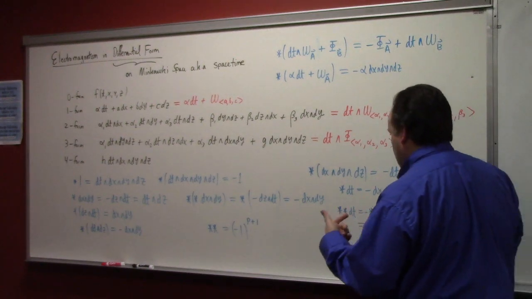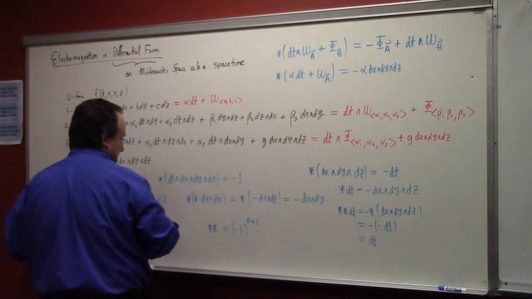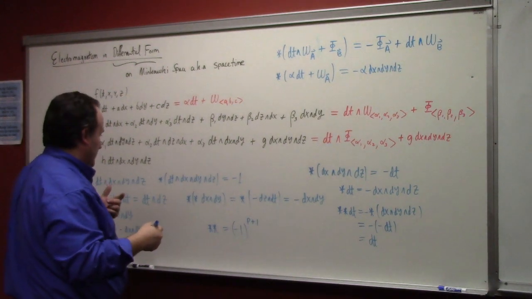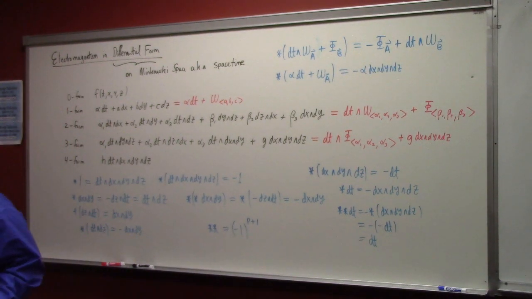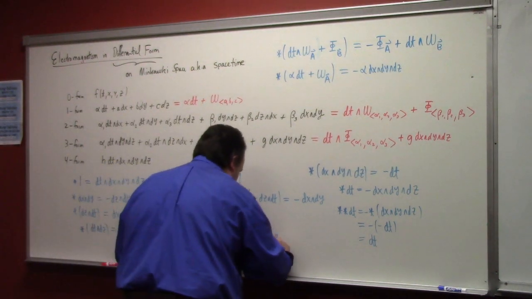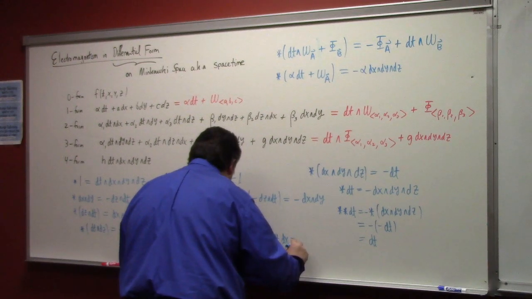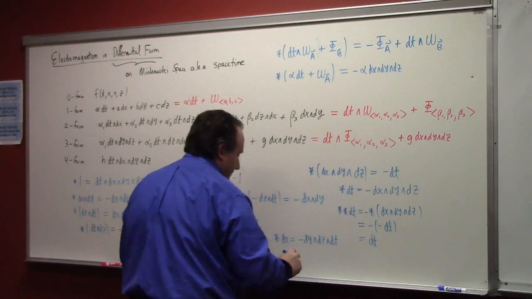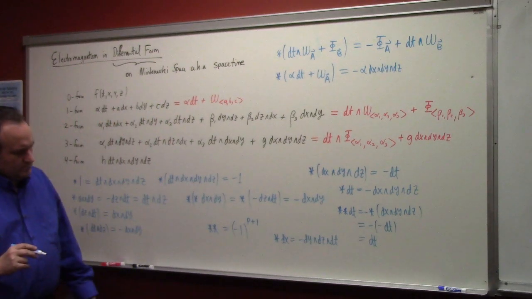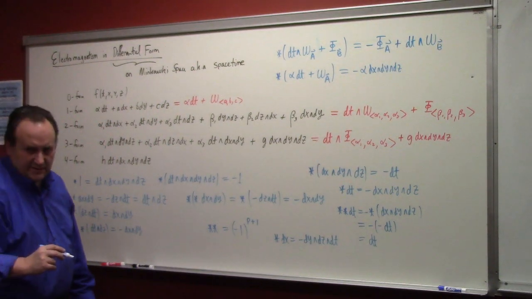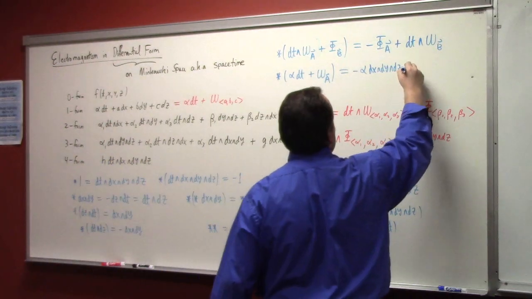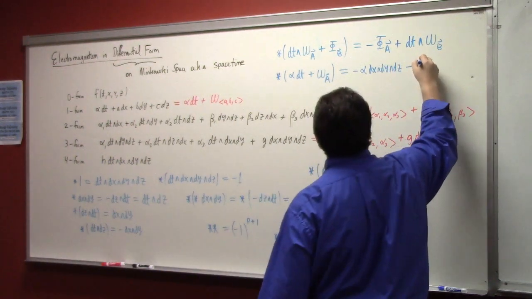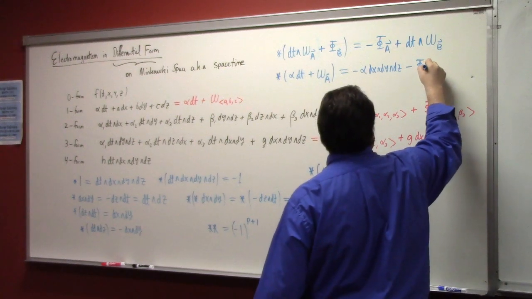What's the Hodge dual of dx? I guess I didn't write it down. The Hodge dual of dx is minus dy wedge dz wedge dt. So that looks like it's going to give us a minus the flux form of A wedge dt.